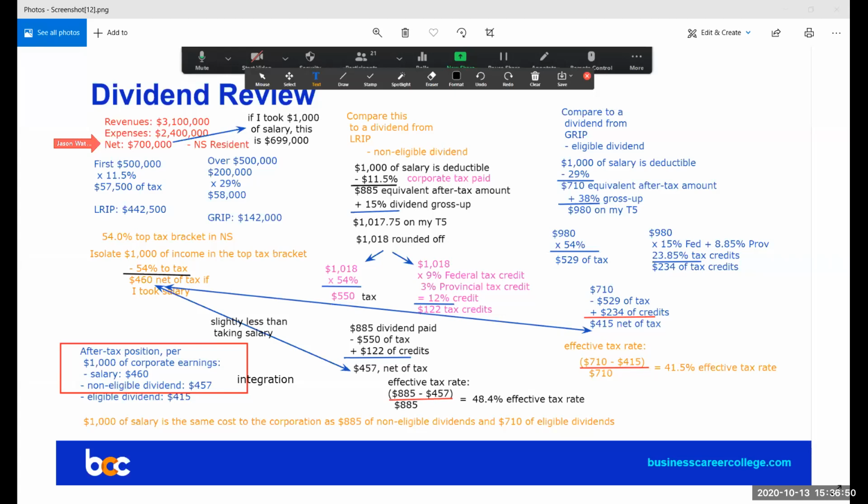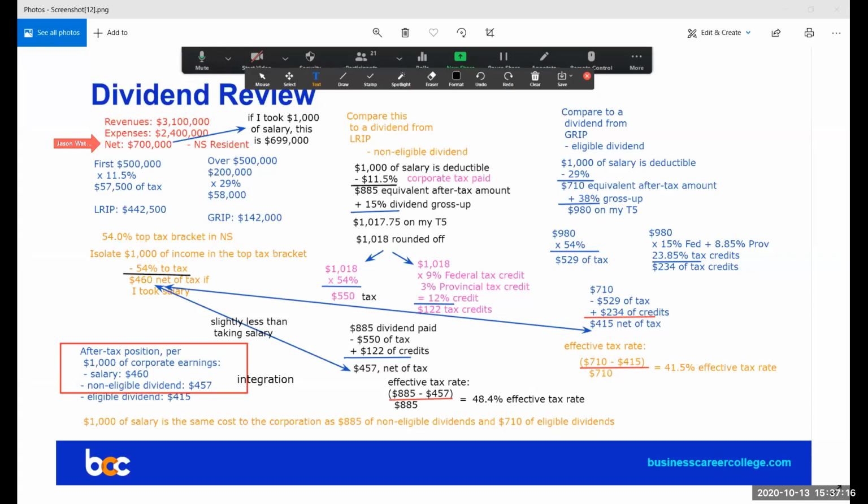Yeah, that is, right? Okay. And if they did, then how much corporate tax would they pay? If they pay themselves $700,000, they would pay no corporate tax. It's all deductible. That's why I say there's no corporate tax on salary, because your salary is deductible.